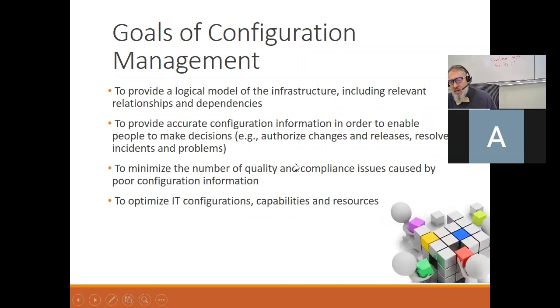Now, some of the important things there: I would call the configuration management system an information system, because it's providing information to its users so that they can make decisions about how to go forward with their system. What changes that have been asked for will be authorized and what will not.